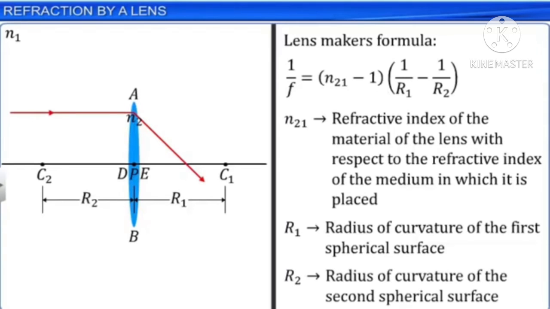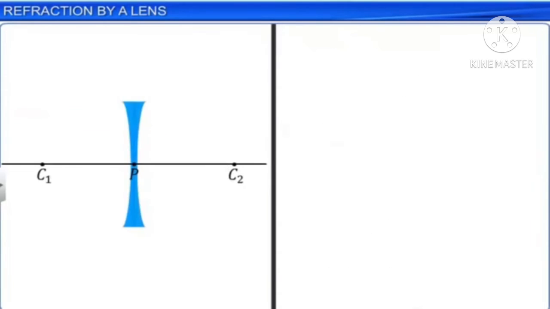Let us apply the lens maker's formula to find out the focal length of a double concave lens of glass of refractive index 1.5, placed in air, and with radii of curvature 30 cm and 45 cm respectively.